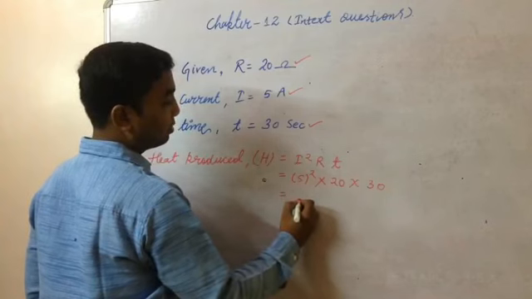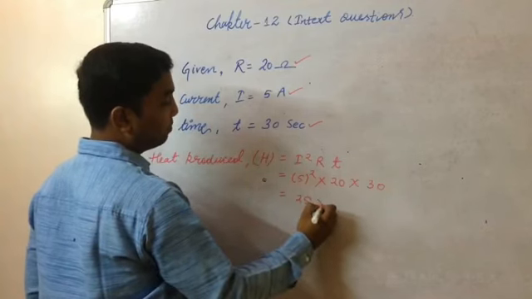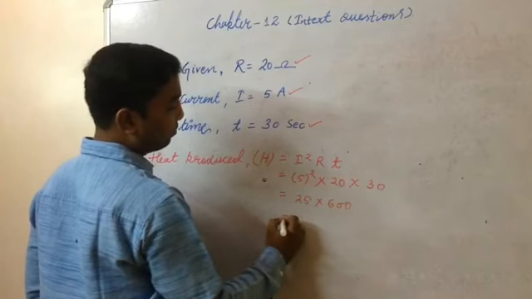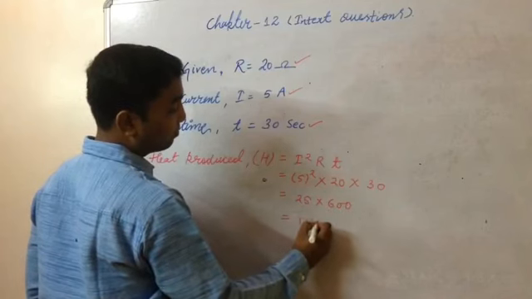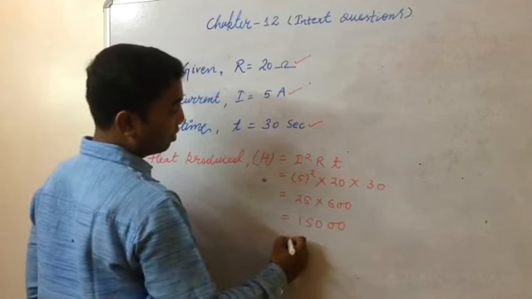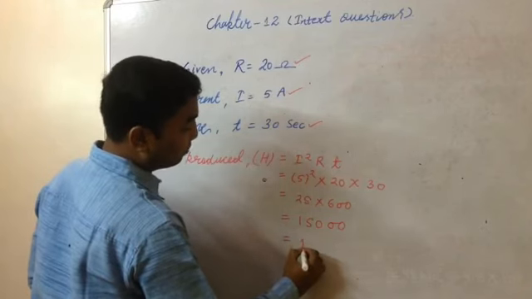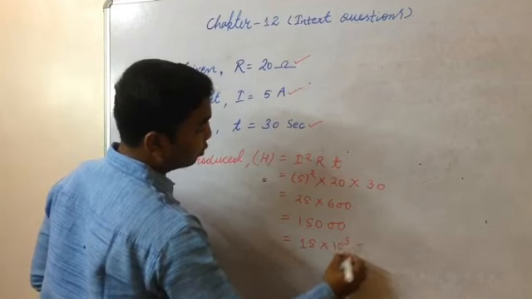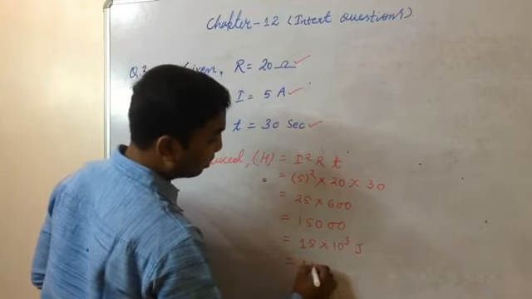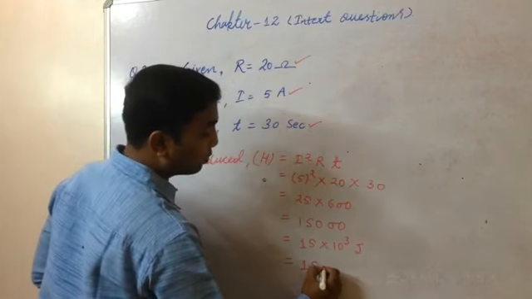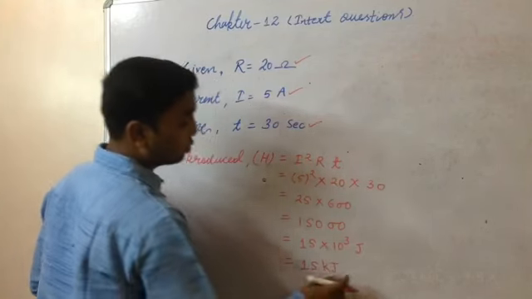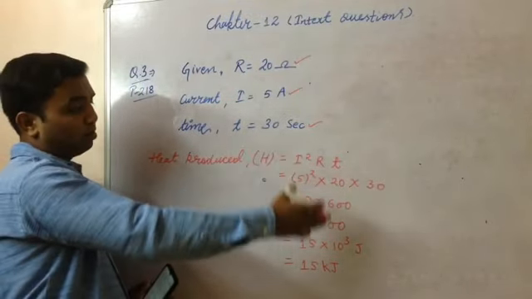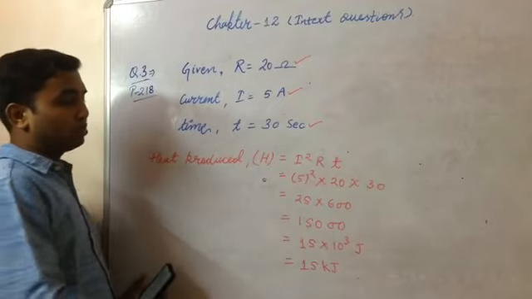So on multiplying, 25 into 20 into 30 is 600, 25 sixes are 150, and 2 more zeros will come, and this would become 15 into 10 to the power 3 joule. So ultimately this would become 15, and 10 to the power 3 is called kilo. So this would become kilojoule. So this way we can solve this question. This is a simple question and all the data was provided, so we have easily calculated this. So note down this question.